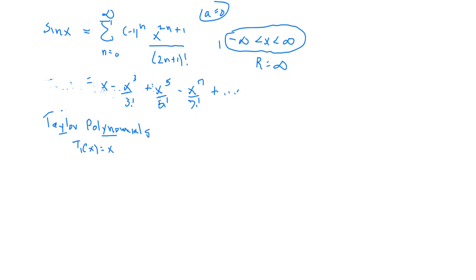T sub 3 of x would be x minus x cubed over 3 factorial, which is x minus x cubed over 6. That's the Taylor polynomial of the 3rd degree. There, I took the first 2 terms of the power series.